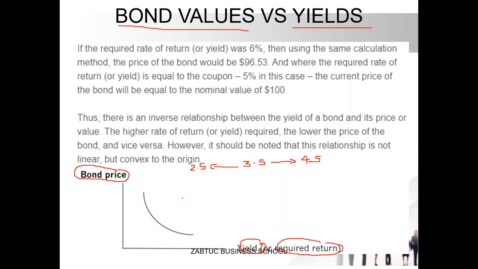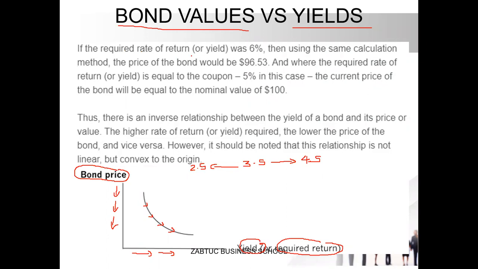And our conclusion was that as you increase the yield, what happens? As you are moving this side, what happened to bond price? It will continue to drop. And that is the curve that we are getting there. So this is something we've already confirmed. Let's just read about it.